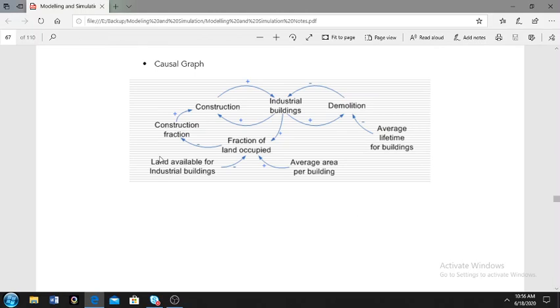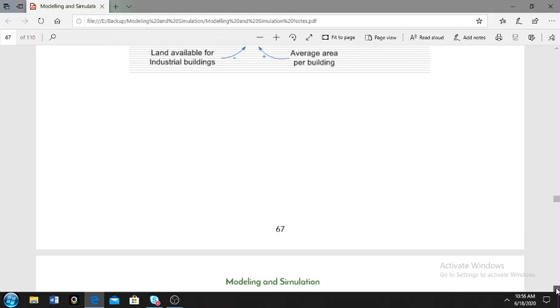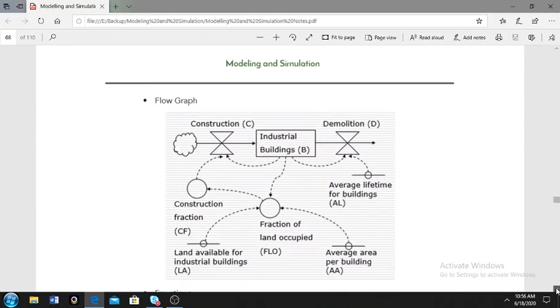Like this one, this one, this one, this one, and this one will each be an auxiliary. Construction will be a flow, demolition will be a flow, and industrial building will be a stock. You get that?